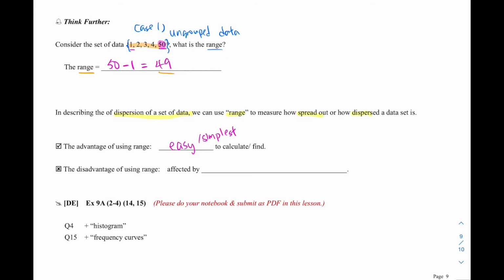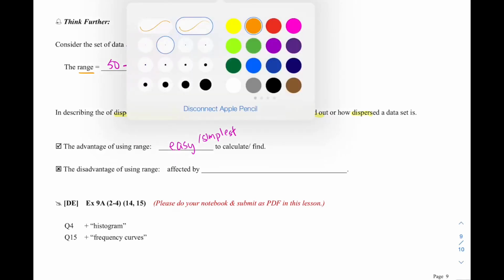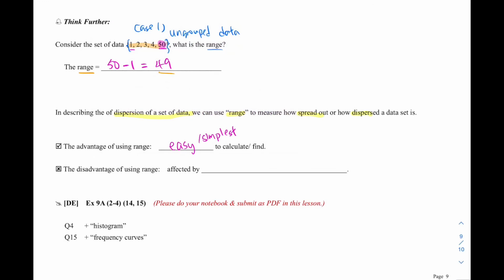It is quite large, but actually the value of the range is affected by this very large datum in this data set. So we can say the disadvantage of using range as a measure of dispersion is that the range is easily affected by, I know you remember the term, extreme data, some very large or very small data.